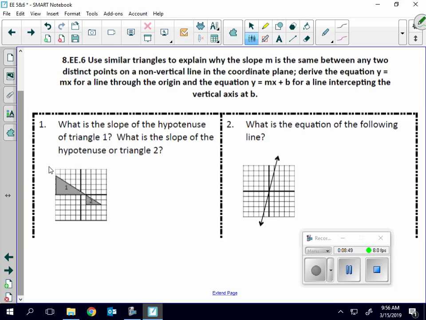So triangle 1. So let's pick some points that are easy to read on this triangle. Let's see. I found this one on the corner easy to read, and I think I picked this one here.